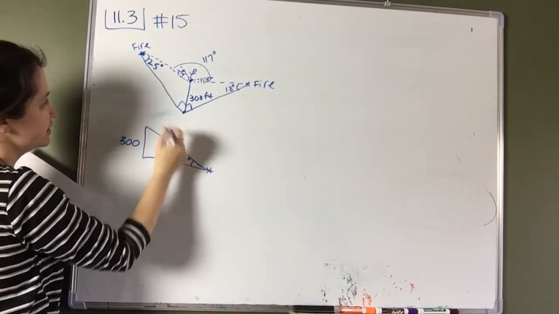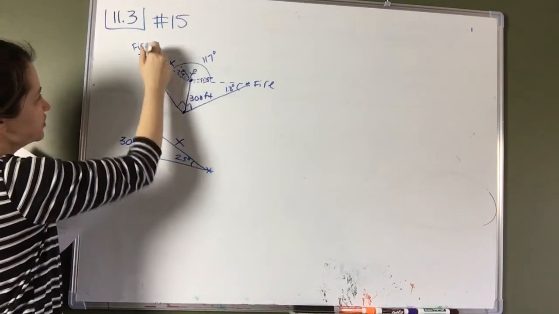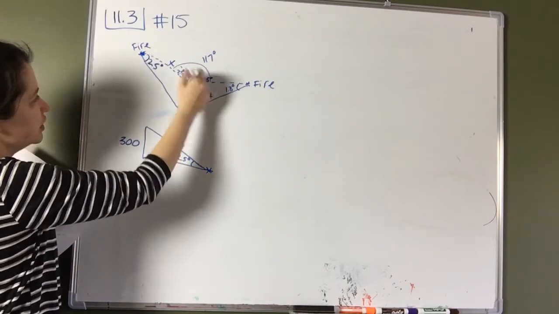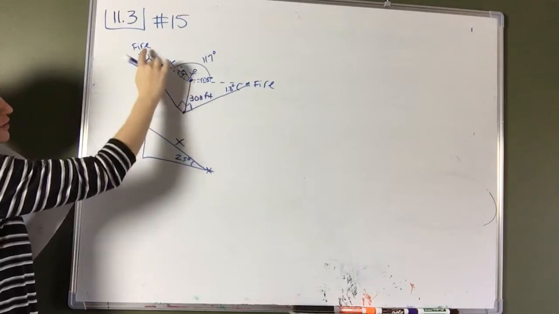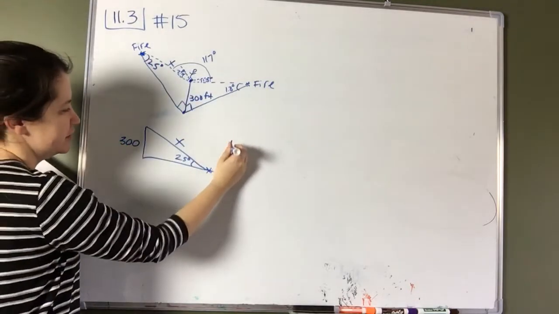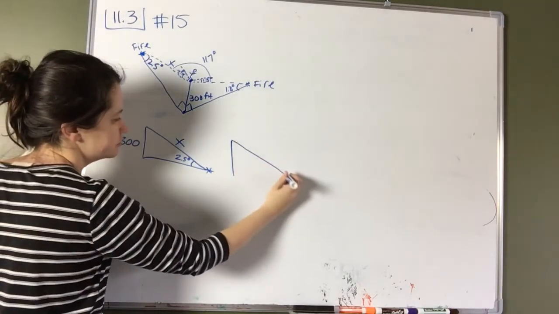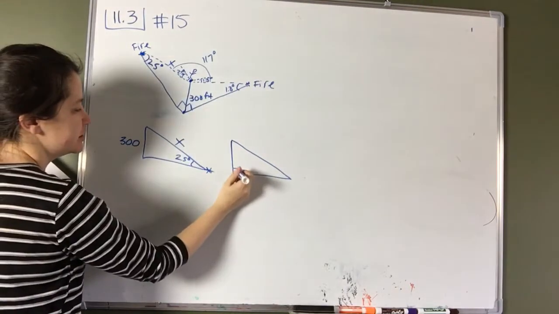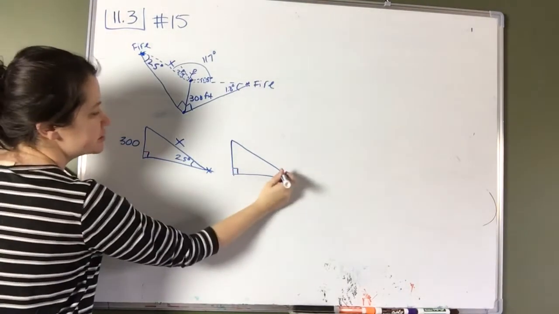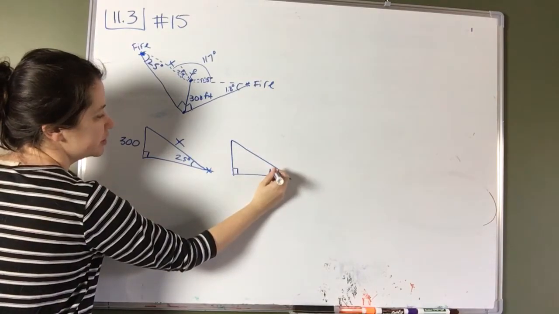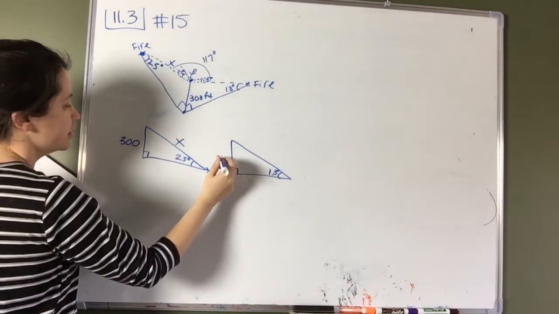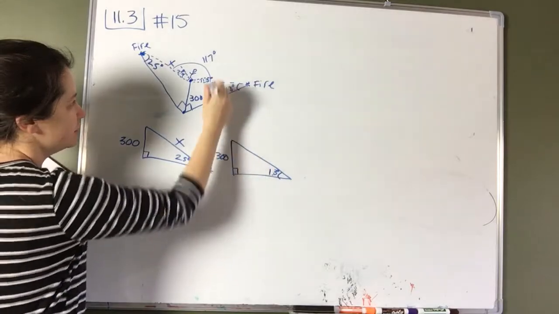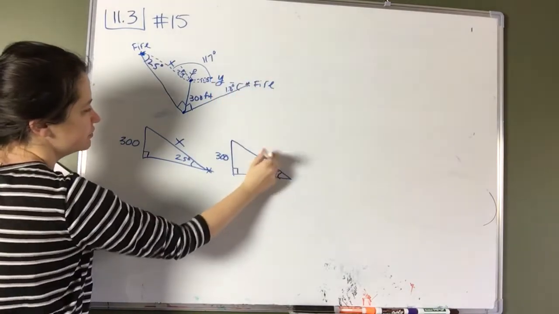So I'm going to call that x, this length, the distance from the man to one of those fires. And then I'm going to make another triangle, 90 degrees here. This will be 1.3 degrees. This is also 300, and I want to know this length here. I'll call y.